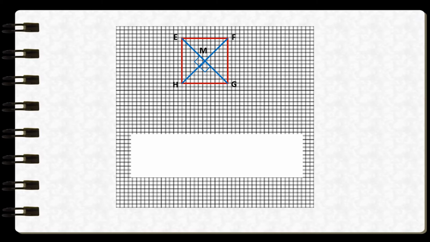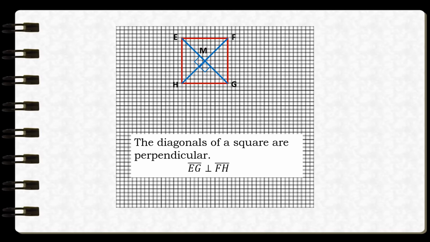What kind of angles are they? Correct. The diagonals of the square are actually perpendicular because they form right angles. So in here, segment EG here is perpendicular to segment FH.